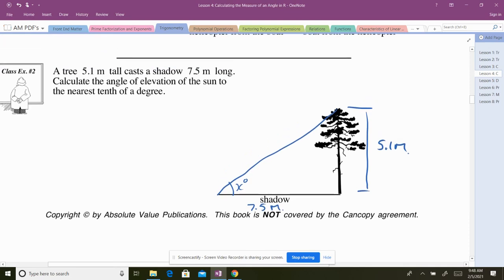Now it's just like the problems we just did. What do we do? Label. So what is 5.1? Opposite. There you go. Adjacent. What involves opposite and adjacent? Tan. Tan of X is equal to 5.1 over 7.5.